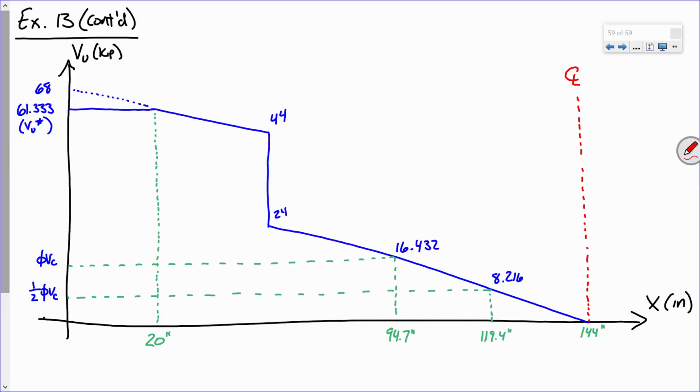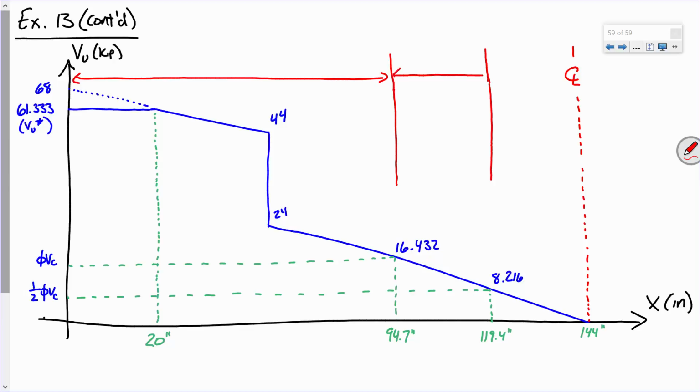We've got this region here, and the rest. So maybe I'll extend this up a little bit so I'm not intruding into the rest of the diagram. So this region, this region.